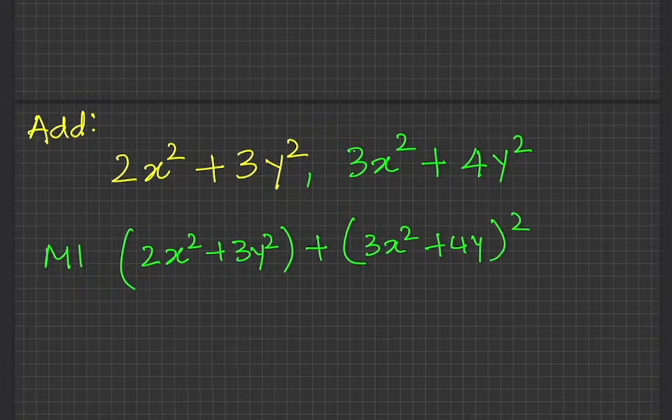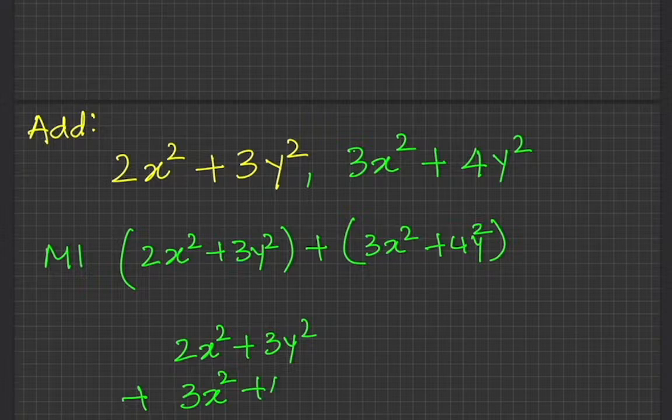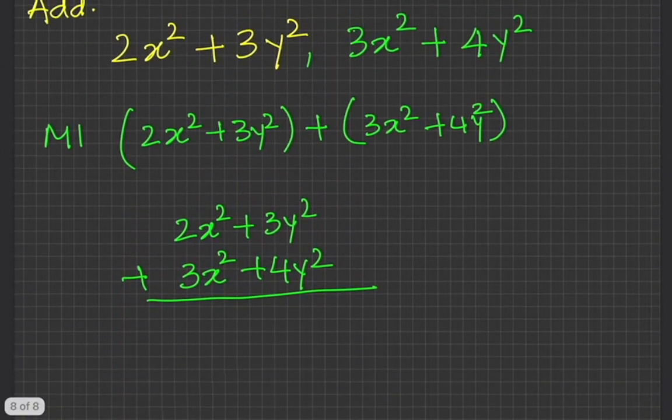Method two is the column method, where I actually group them together, right? Plus 3x squared plus 4y squared. When I group them together, it becomes easier for me to add the like terms.